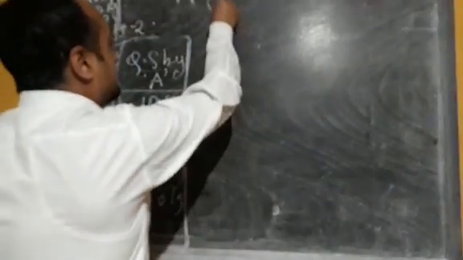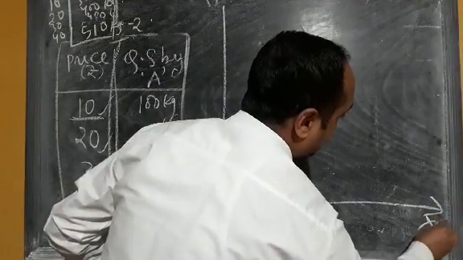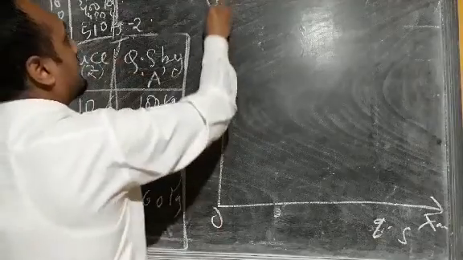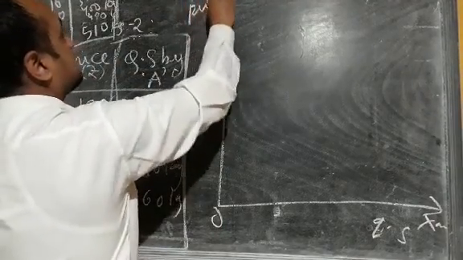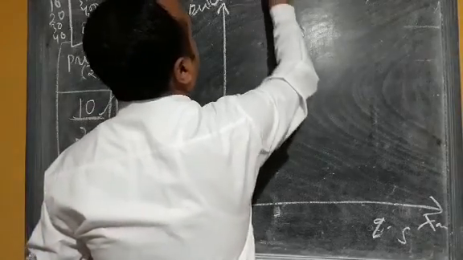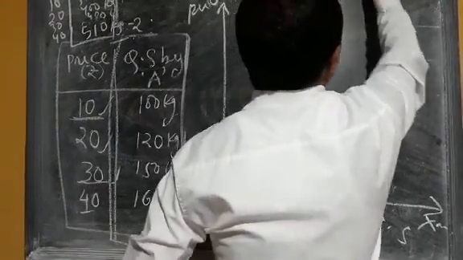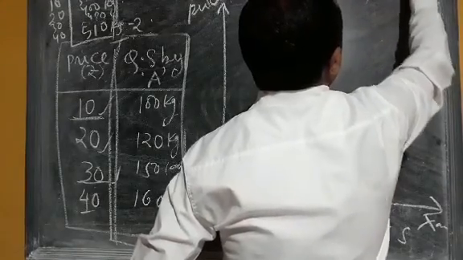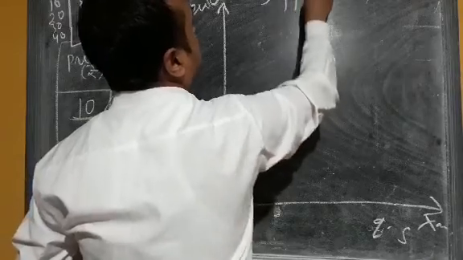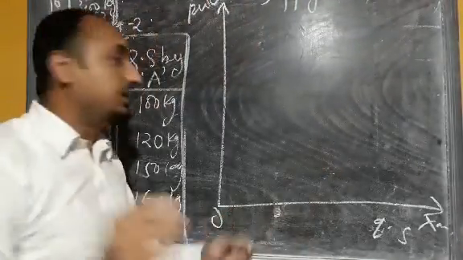Now I am going to rub this and then I will draw the graph. We will draw two axes: this is our quantity supply axis and this is our price axis. Now I am going to draw the derivation of individual supply curve.